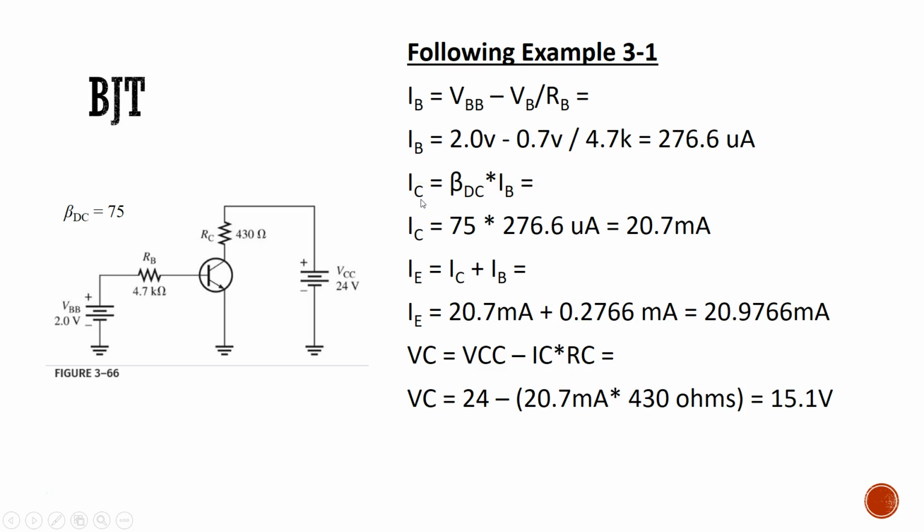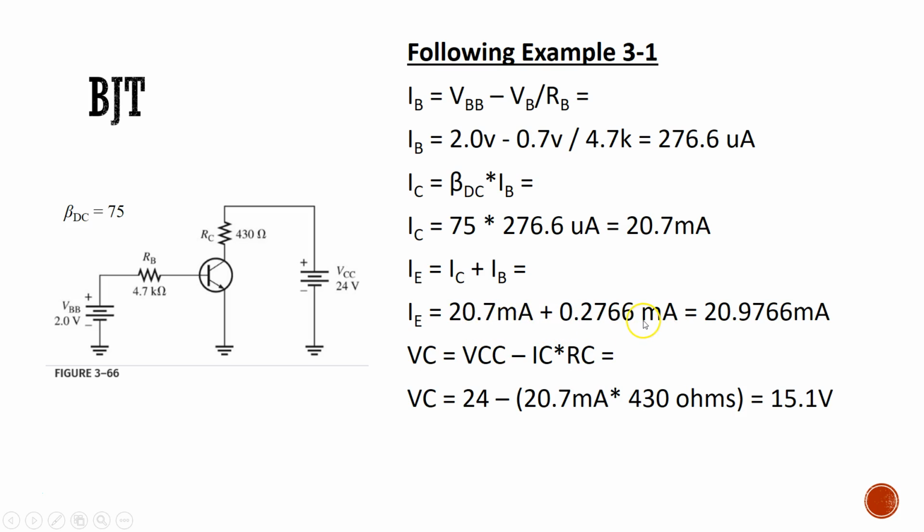Then to determine the collector current, we use the beta that's given times the base current to determine the amount of gain in that current. So the 277 microamps applied to the base is going to help us conduct 20.7 milliamps of current through the collector. IE, our emitter current, is IC plus IB.